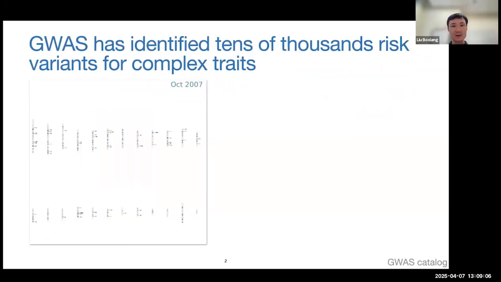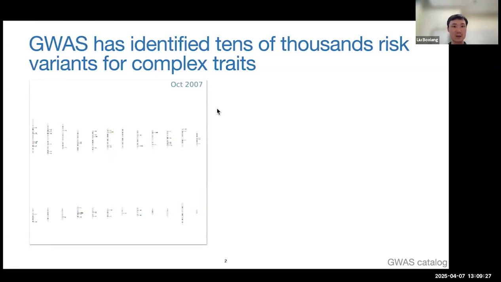I started my career as a statistical geneticist, and this was before I started doing statistical genetics research. The first successful GWAS was conducted by the WTCCC consortium back in 2007.